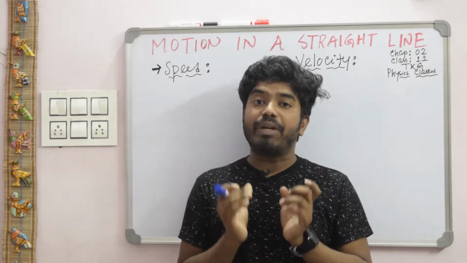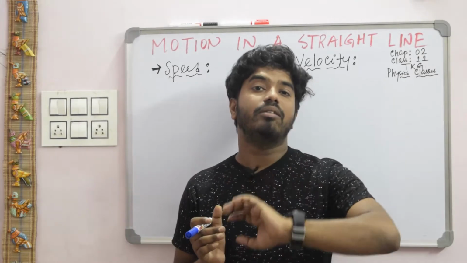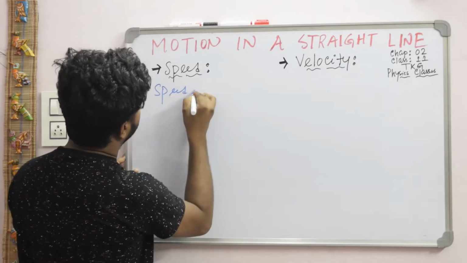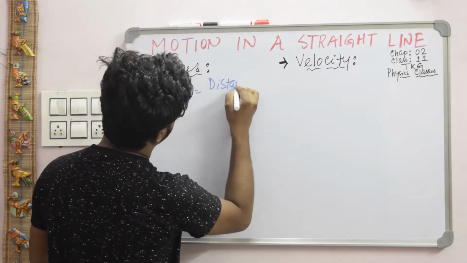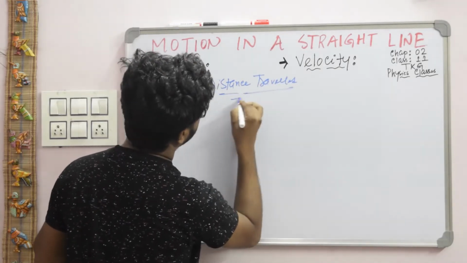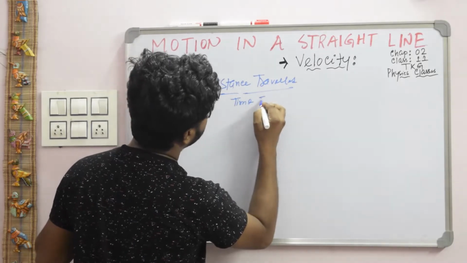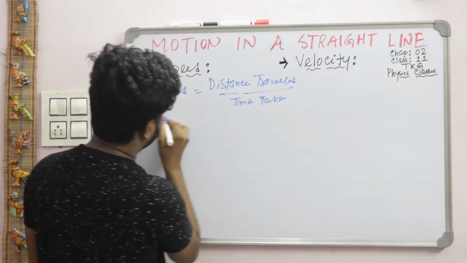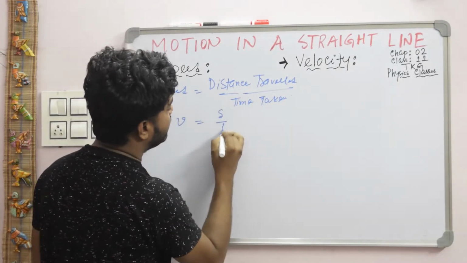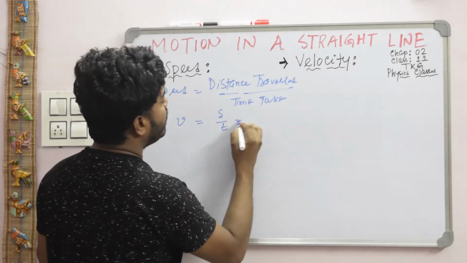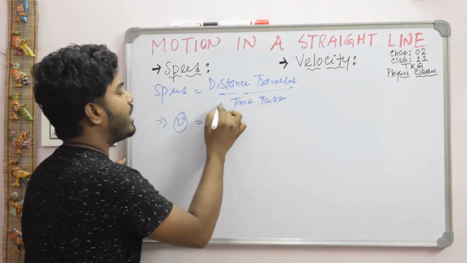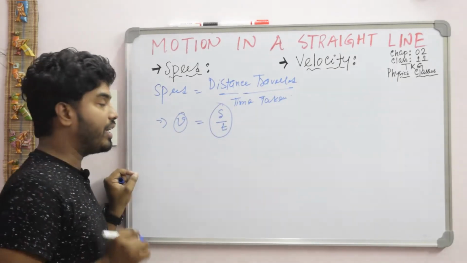We can say speed is the ratio of distance divided by time, that is speed is equal to distance traveled divided by time taken by the body for covering this distance, which is represented by the symbol V equal to S by T, where distance is represented by S and time by T, or you may call distance X, where X represents position. This is the formula for calculating speed.